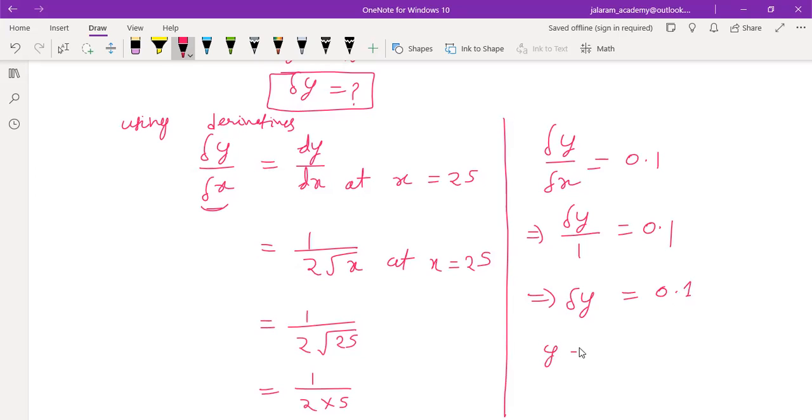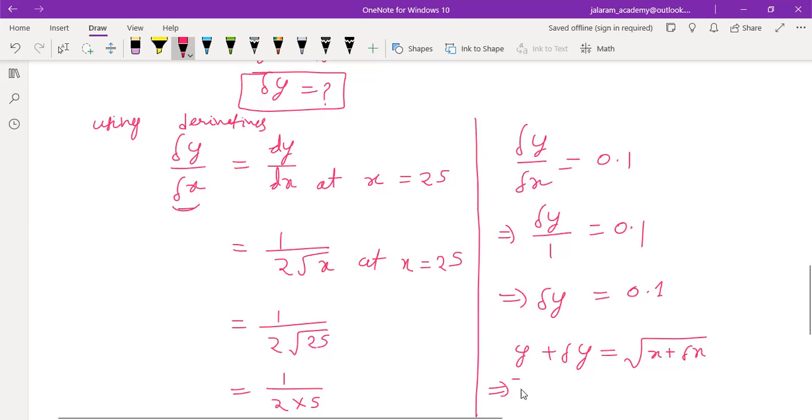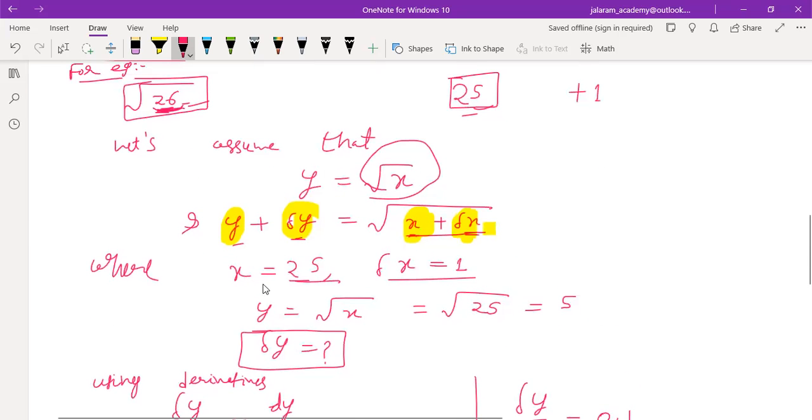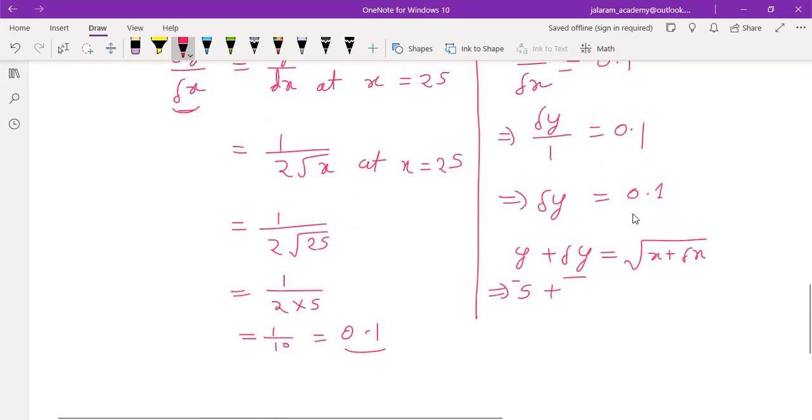Clearly, y plus delta y equals under root of x plus delta x. y is 5, as we calculated earlier, and delta y is 0.1.